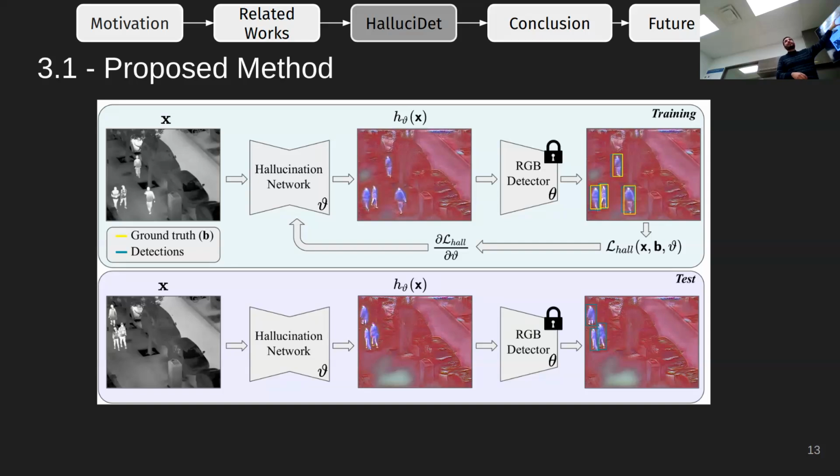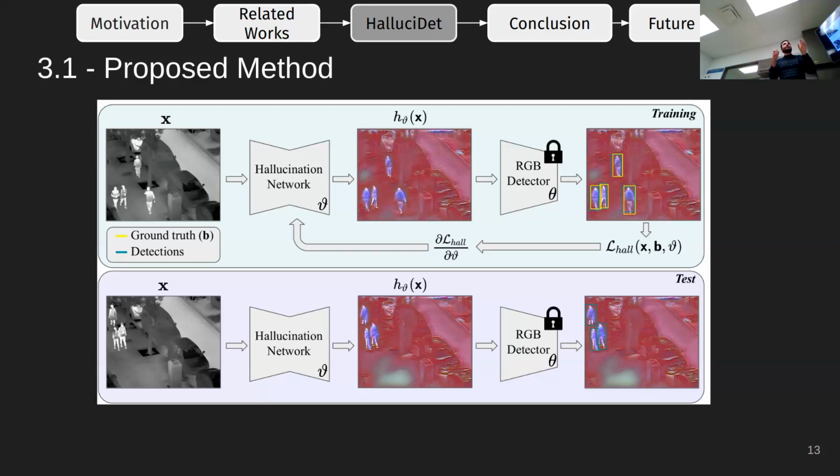So it has some knowledge to do the translation, but it's pre-trained on segmentation tasks, not translation between modalities. And when I incorporate it here, I have a classification and a regression loss from the detector. So this guides our method to train.